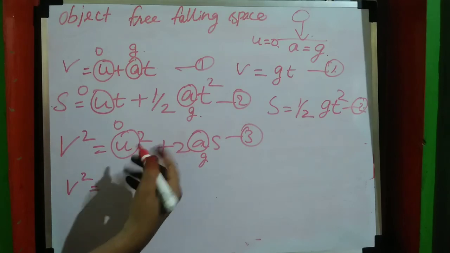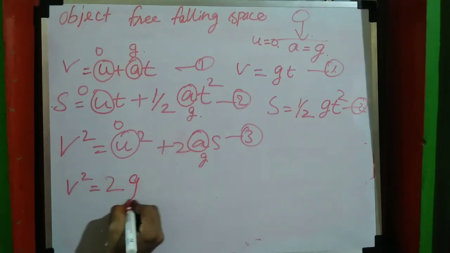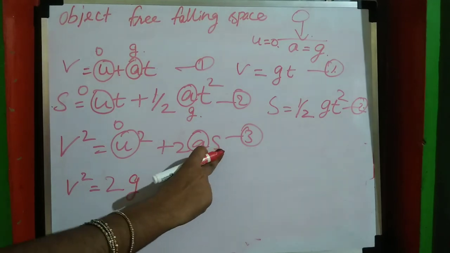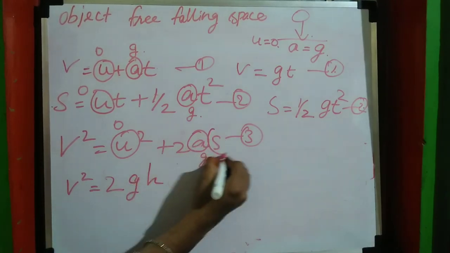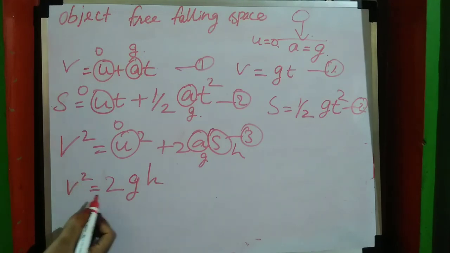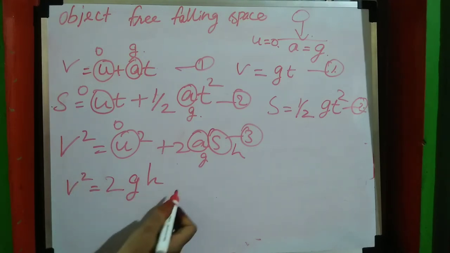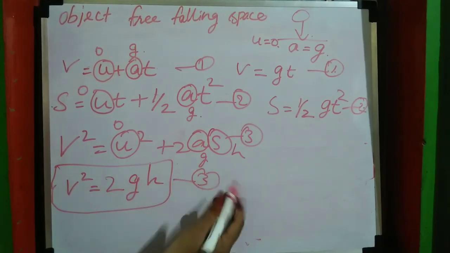Next one, 2, replace the acceleration value g and distance s. Now write the distance value h. The s is replaced by h. So v square is equal to 2gh. This is the third equation.